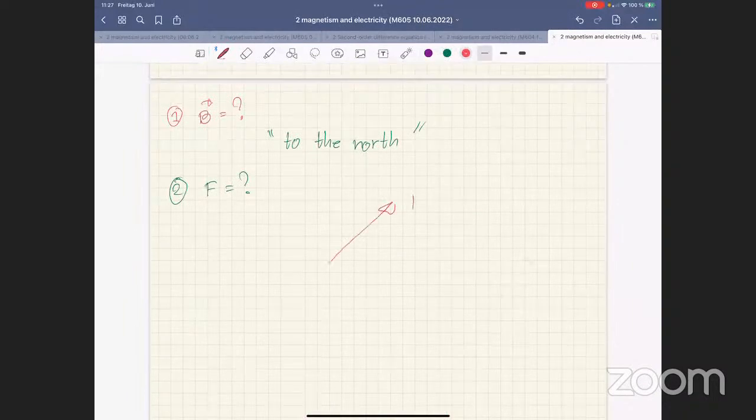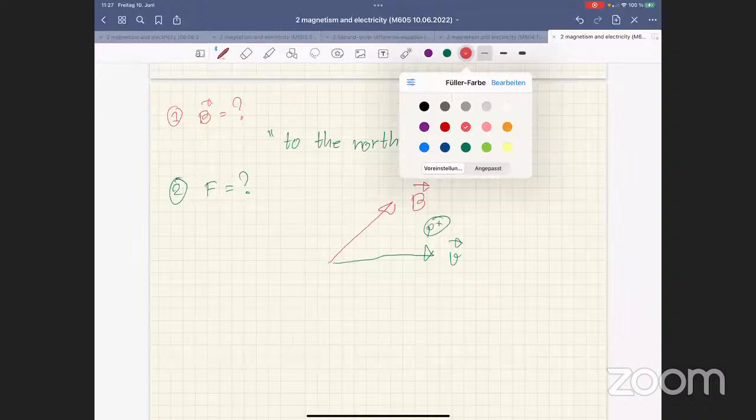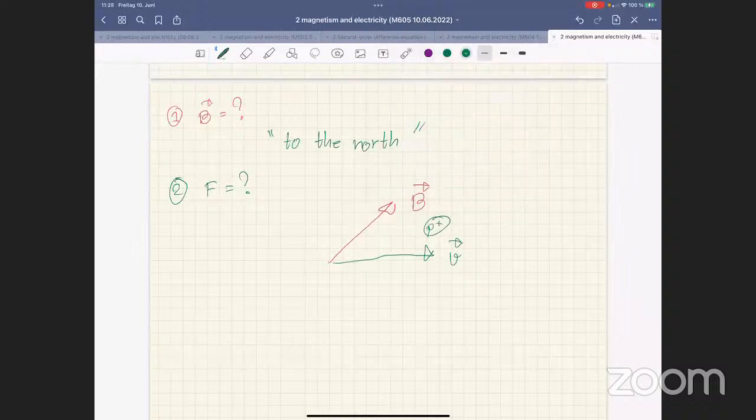Here is the magnetic flux density vector, and the proton is moving like this, and we have the velocity vector directed here. Once you rotate your four fingers from V to B like this, you get the induced force pointing upward.